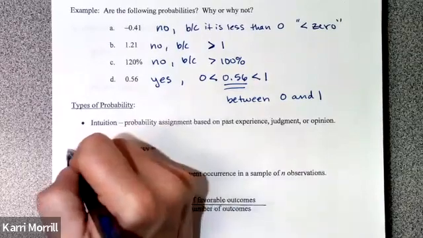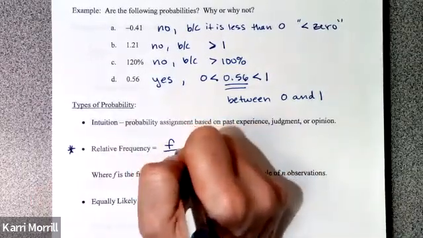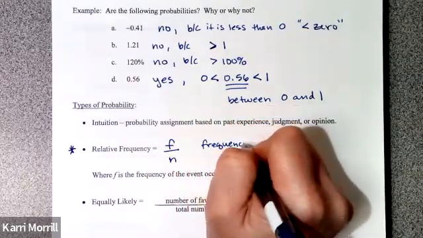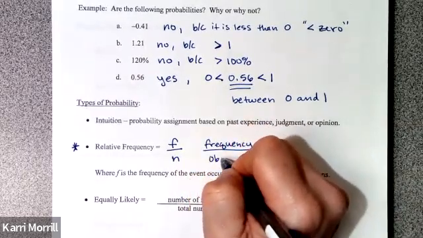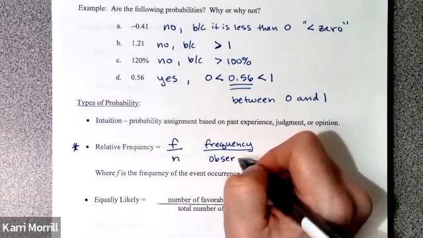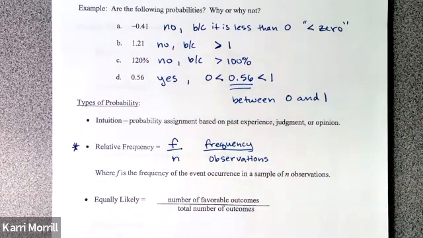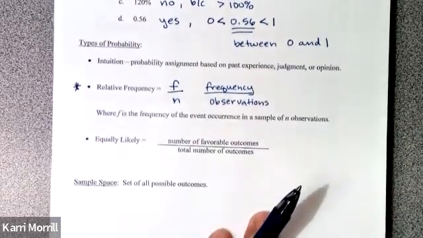Relative frequency is F over N, where F represents frequency, how many times it occurred out of however many observations, or you could say total trials, like if you're flipping a coin. So F is the frequency of the event occurrence in a sample of N observations in technical terminology.